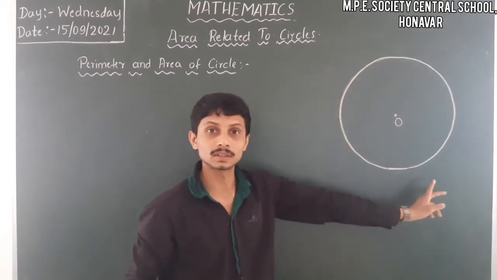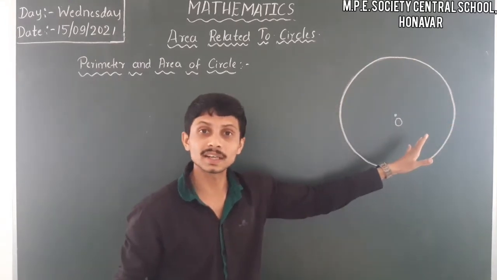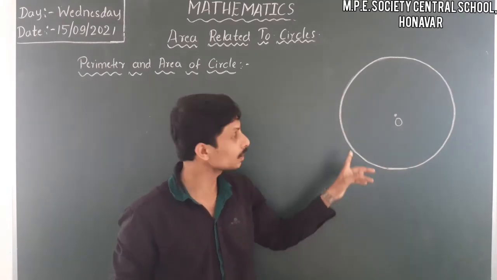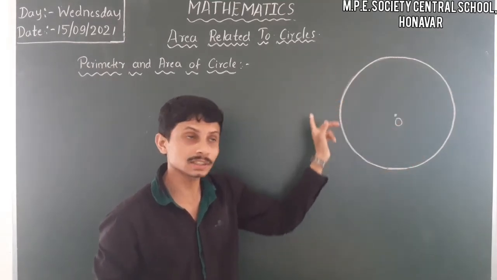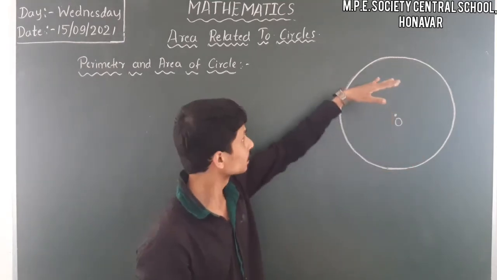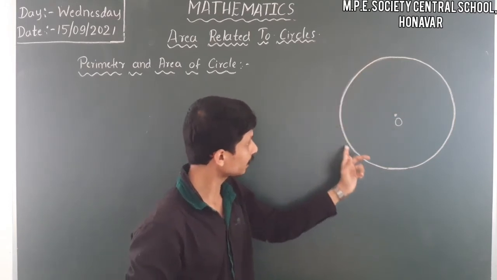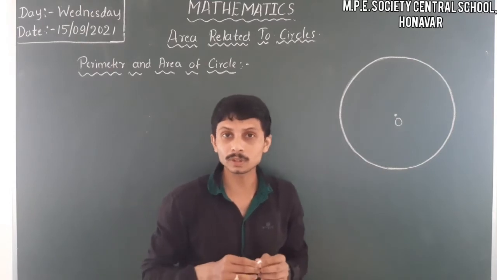So the total distance covered on the circle, we are calling the circumference or perimeter of a circle. This line is on the circle, this is outside the circle, this is inside the circle. Already you know about circles.